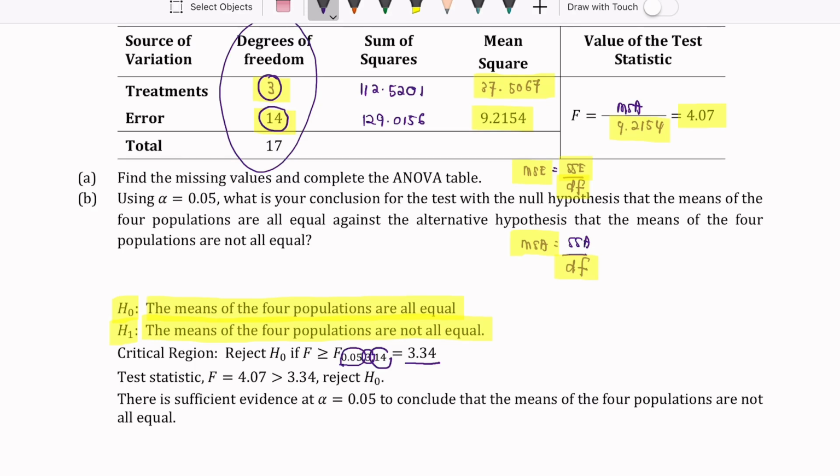The F statistic is 4.07. Since 4.07 is greater than critical value 3.34, which falls in the rejection region, then we reject H0. Since we reject H0, then we can say that we have enough evidence at alpha 0.05 to conclude our alternative hypothesis.